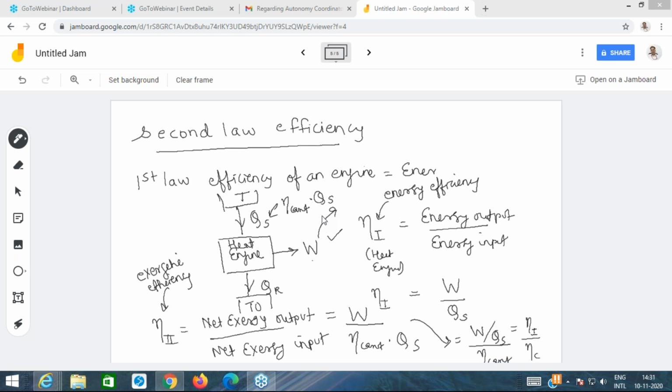Okay. Others, Mohan, Dheeraj, have you understood the second law efficiency for a heat engine? Okay. Jay has understood. Anybody who has understood this?